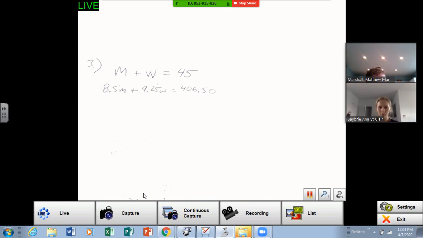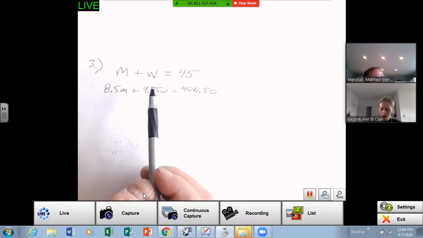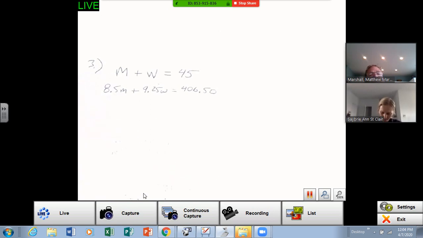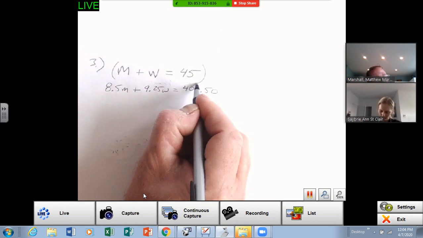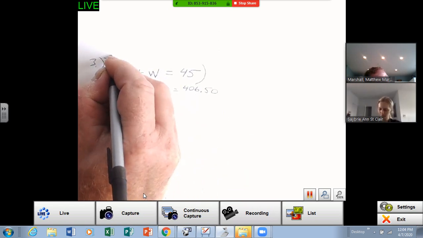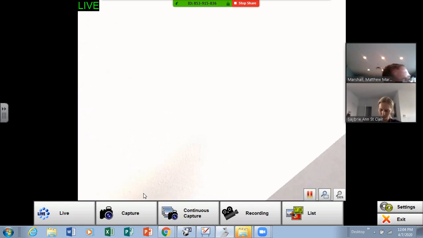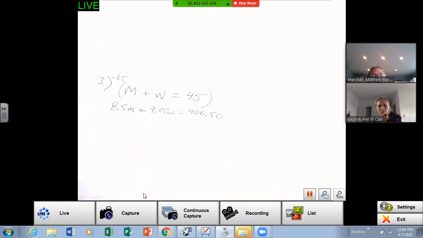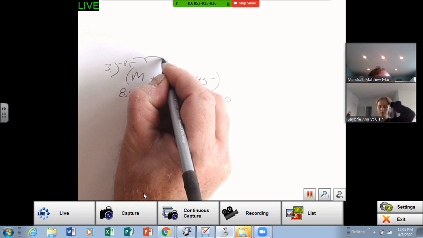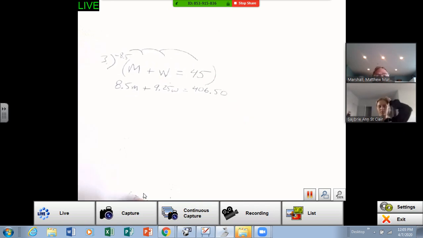And so what I'm going to do, I'm going to solve this by elimination. I'm going to take that top row and times it by negative 8.5. So if I take that top row times everything by negative 8.5, that will set it up so that M variable will eliminate. And hopefully you can see that.